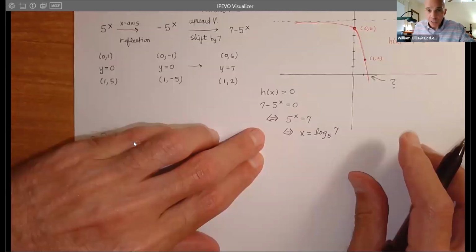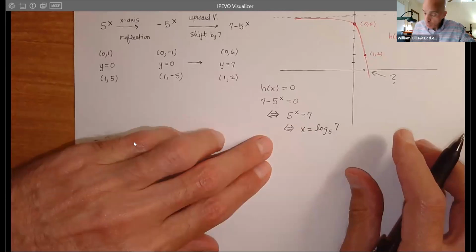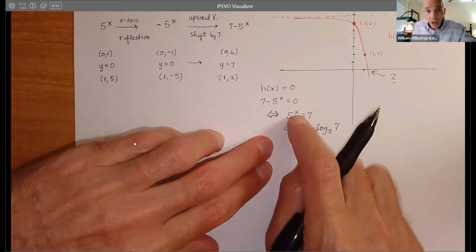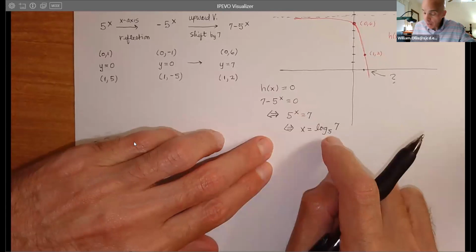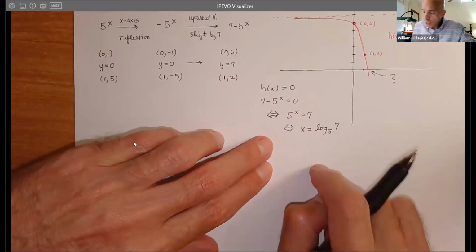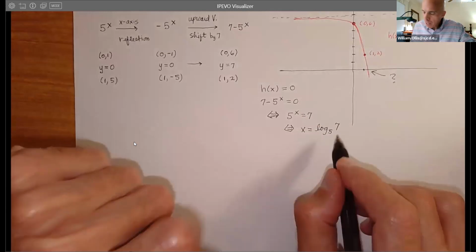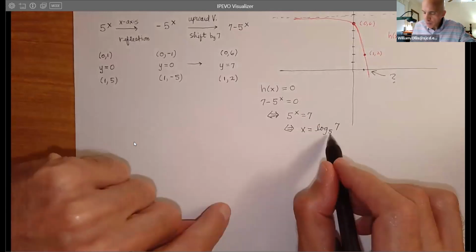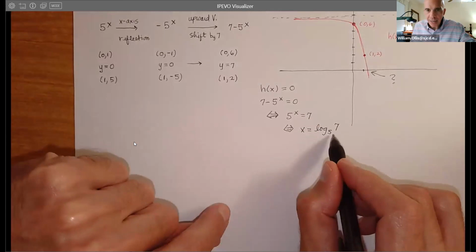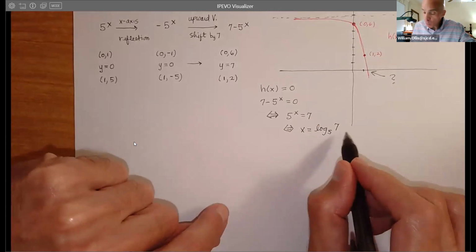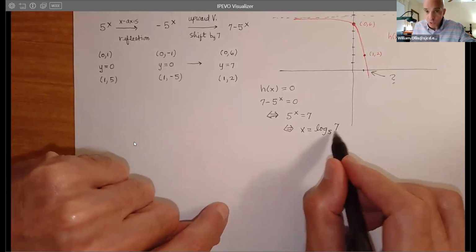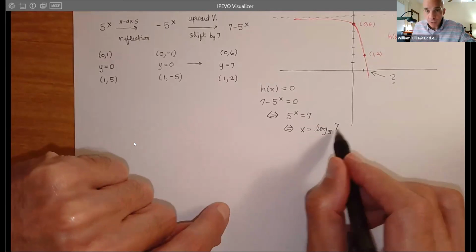A logarithm is a power of the base, and so x must be a logarithm, and it's the base 5 logarithm of 7. So the idea here is, though this is not a beautiful number, we know that this number will exist between 1 and 2. That is, 5 to the 1 is 5, and 5 to the 2 is 25. So 7 is between those two numbers.